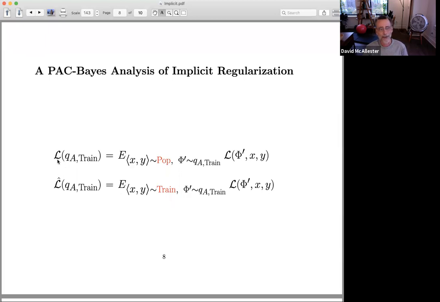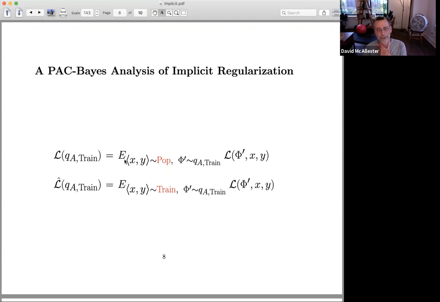So I'm going to define the loss on the population. What's happening? I'm drawing training data, and I'm running my algorithm on the training data. The algorithm on the training data is giving me a stochastic classifier. That stochastic classifier may be overfit to the training data. But what I really care about is what this stochastic classifier does on test data. So this is the test data loss.